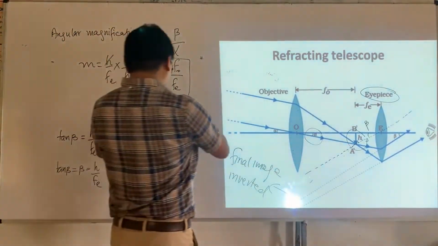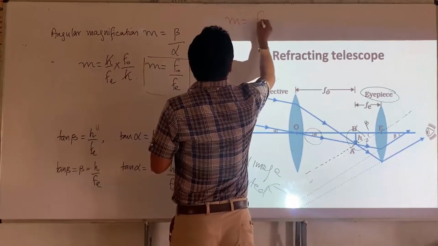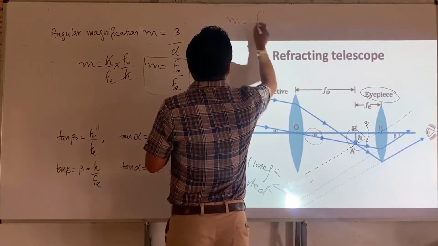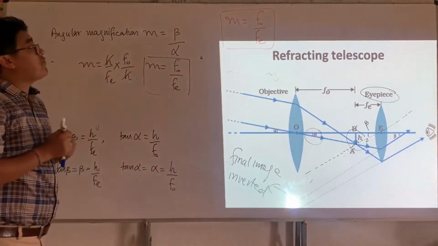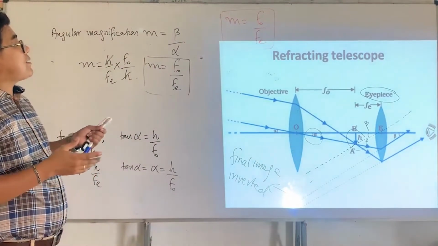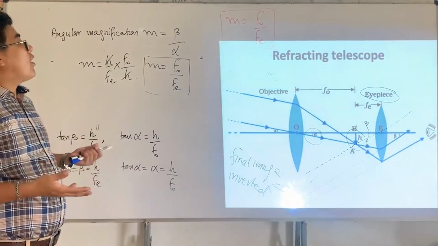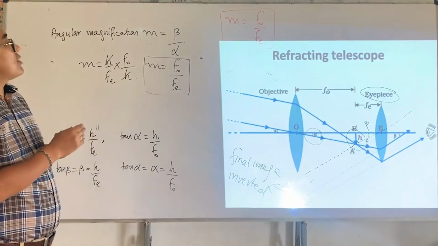Alright, I'll write here with the red pen. M is equal to f naught divided by fe. So if I'm keeping f naught huge and keeping fe small, obviously magnification is going to increase.